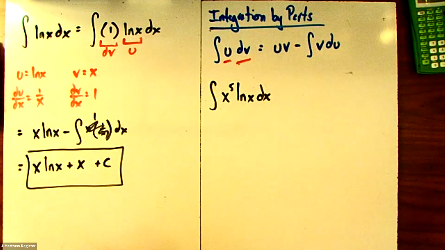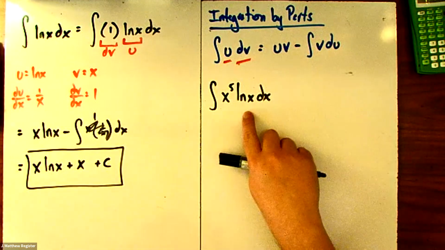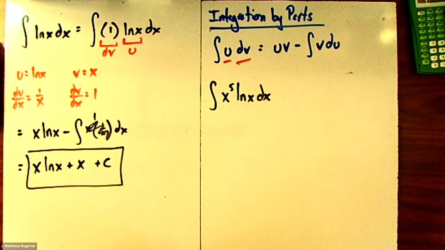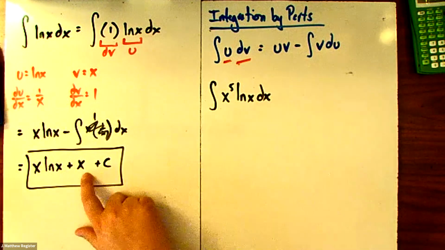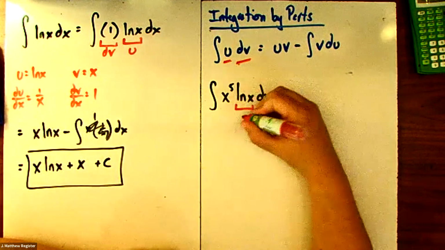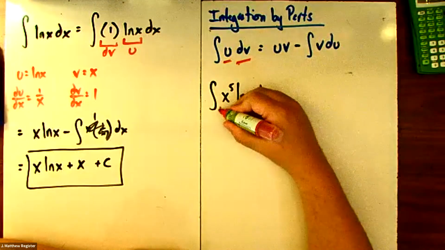And so when we look at this function, again, we might try and figure out which one we want to take the derivative of and which one we want to take the integral of. I would recommend taking the derivative of our natural log of x, because if we took the integral, we'd have to be playing with this function everywhere, and that does not sound very fun. So let's let this be our u.